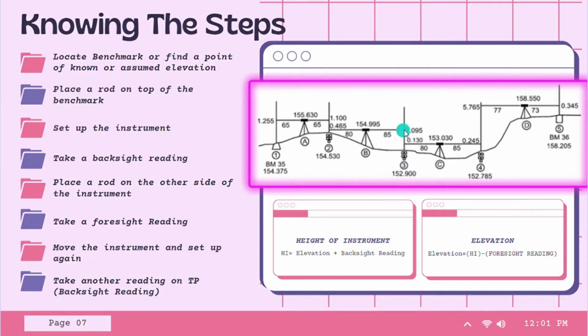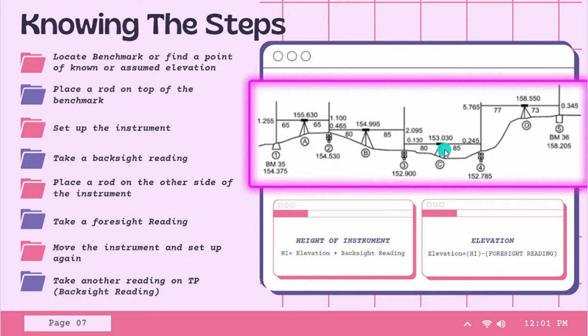We get a foresight reading of 2.095 and we already have the instrument height. So we can now calculate the elevation here. 154.995 minus 2.095, we have an elevation of 152.900.